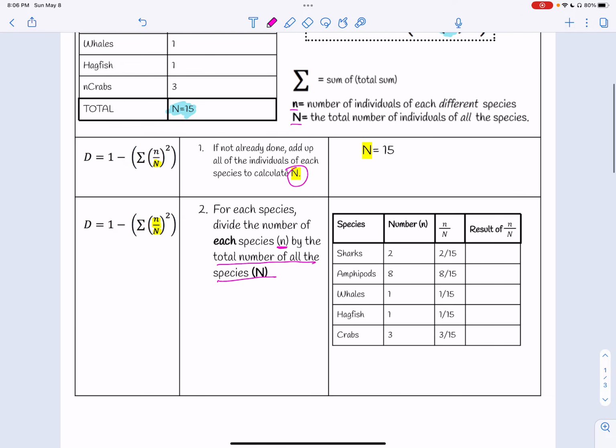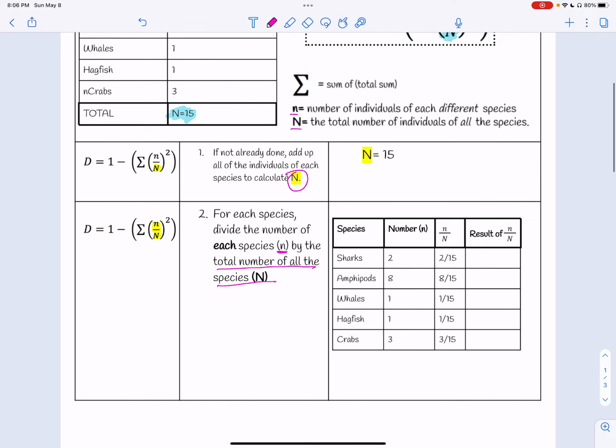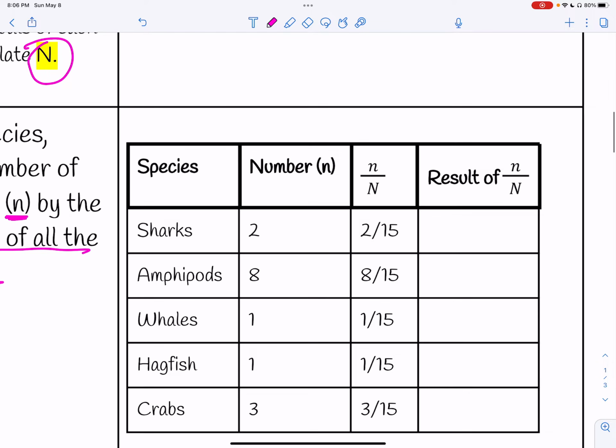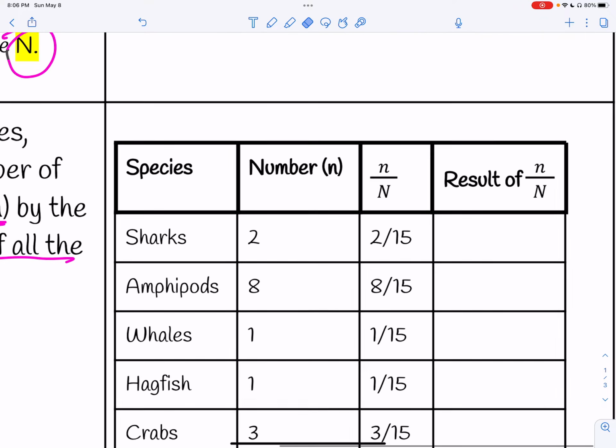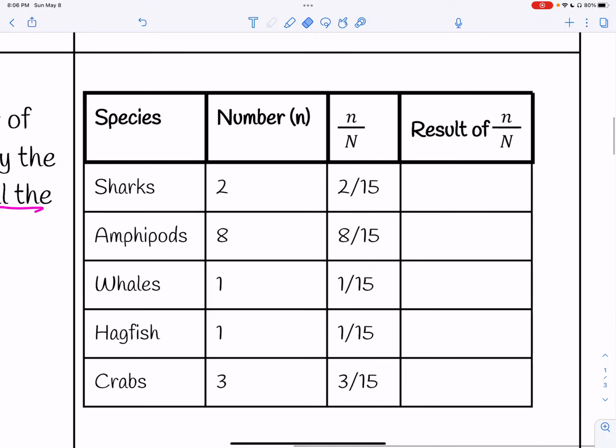And crabs, 3/15. So you're dividing the amount in each species by the total amount. And then we're going to put that in our results. I just keep adding this same data set to each different step and filling it in as we go, but you would just be given one data set in a question.